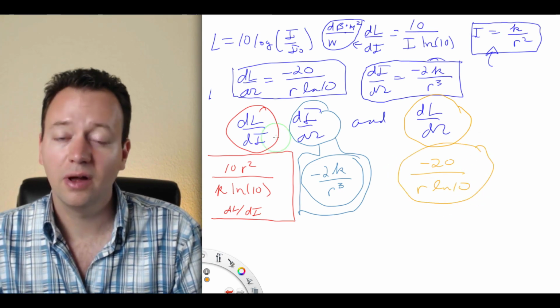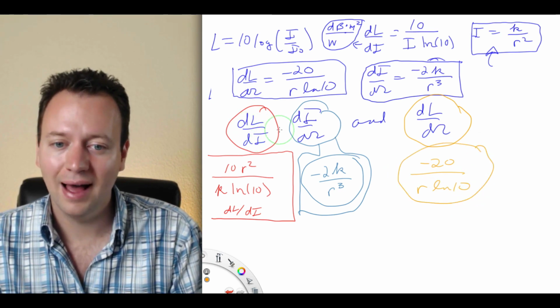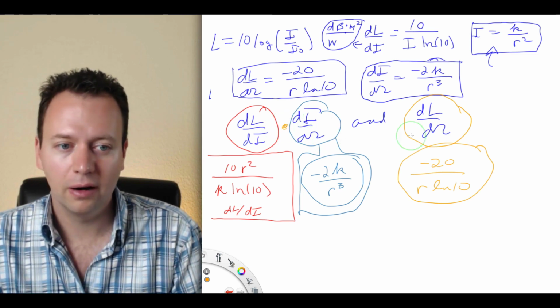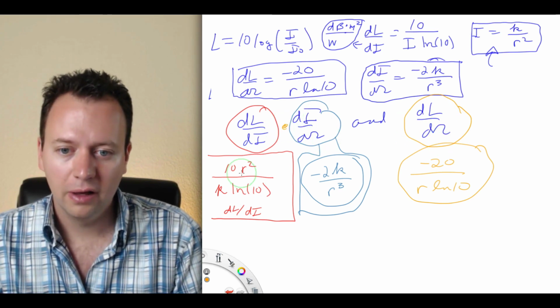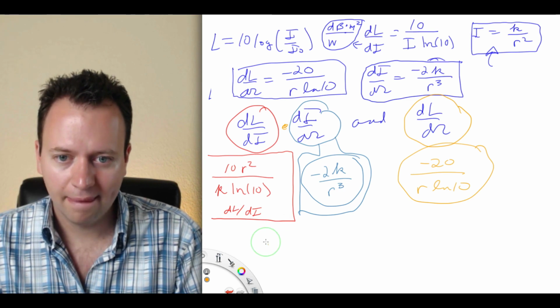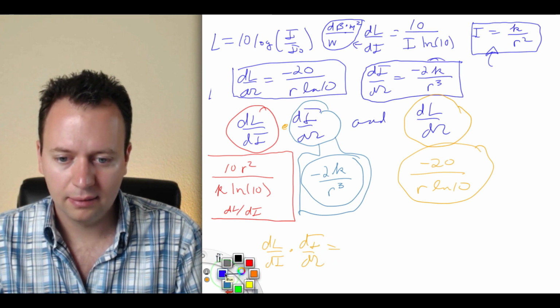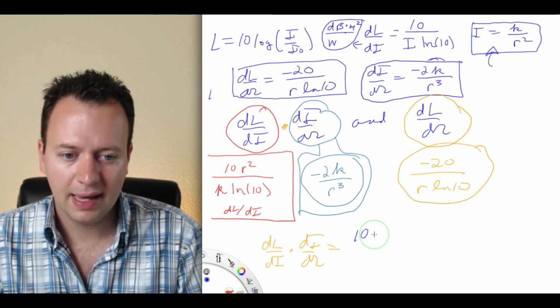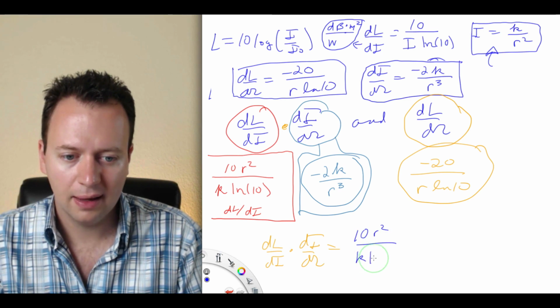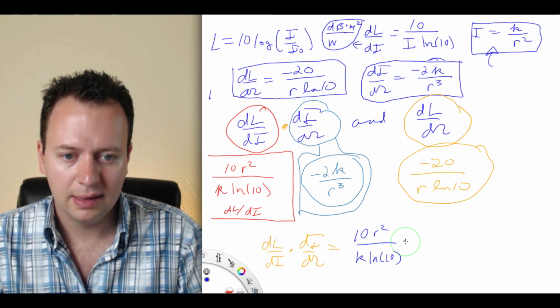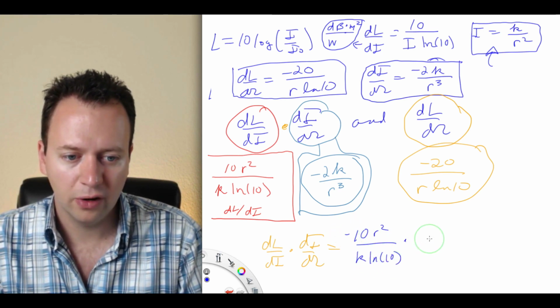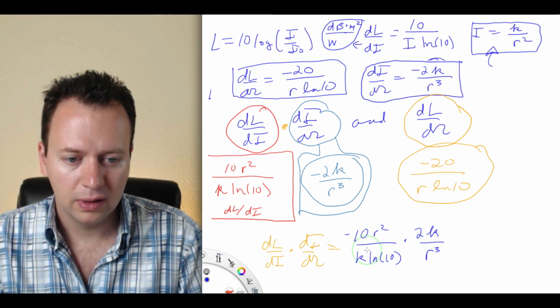Now you'll notice that if I multiply the dL/dI times the dI/dR, I obtain the dL/dR. So when I multiply these out, the dL/dI is 10R squared over k ln of 10, and then times, the negative sign I'll move up front, 2k over R cubed.